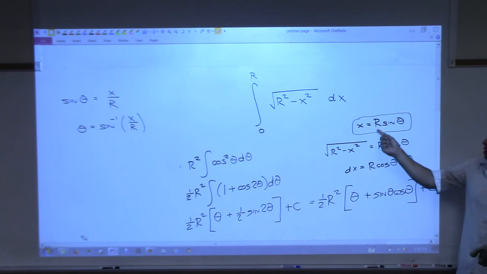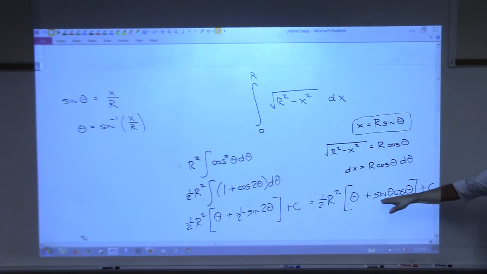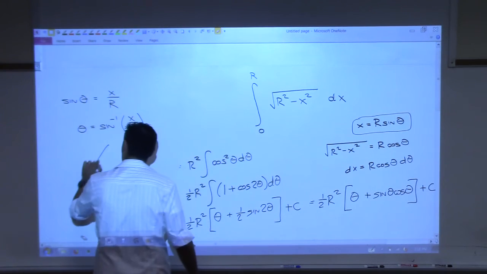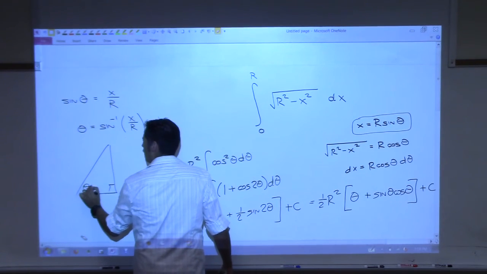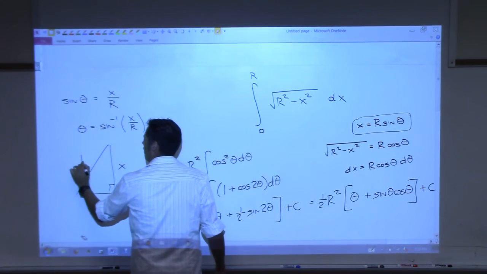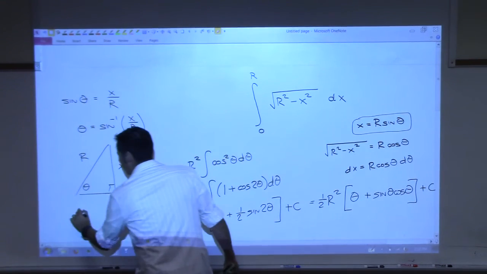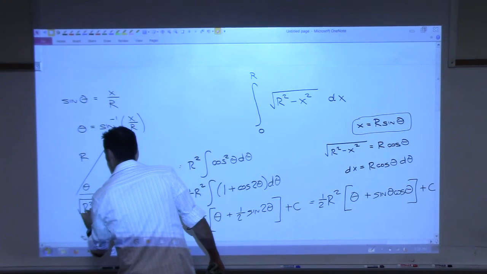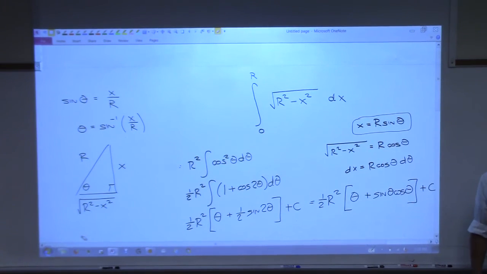That's just me moving the R over and then taking arc sine on both sides. That's what theta is. So I've got that to be able to replace it. And then this right here I'm going to need the triangle for. Using this information, sine is opposite over hypotenuse, which means our adjacent side is root capital R squared minus x squared. We're really close right now to having this.